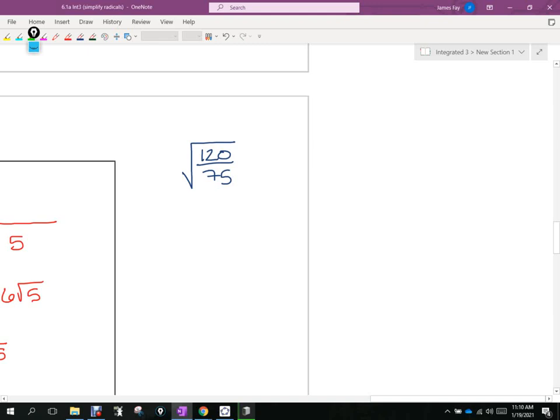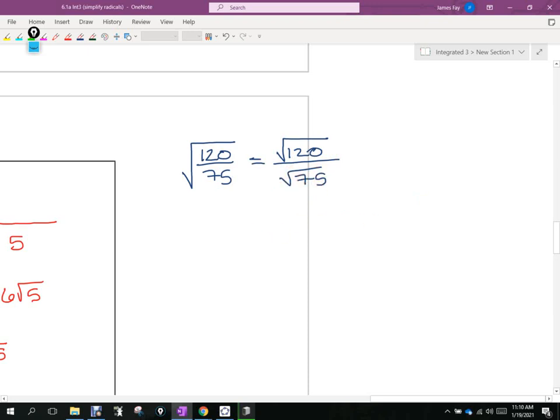And there might be several days that we spend on this concept because once we simplify this, there's going to be another step that we haven't learned yet that needs to be added on to the end. Okay? But what I want to do right now is just take this fraction, and I want you guys to know that when it's a radical with a fraction underneath, you can separate it to this.